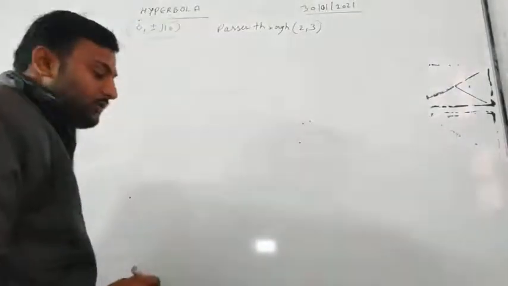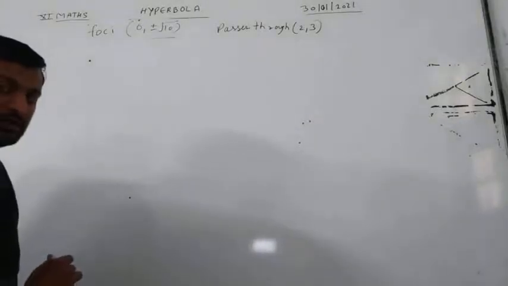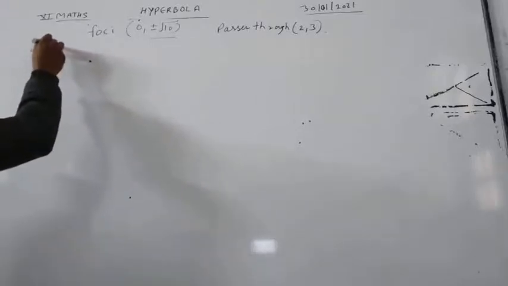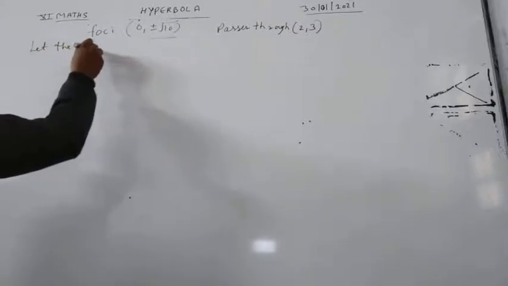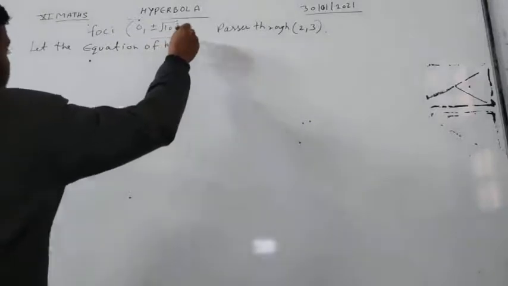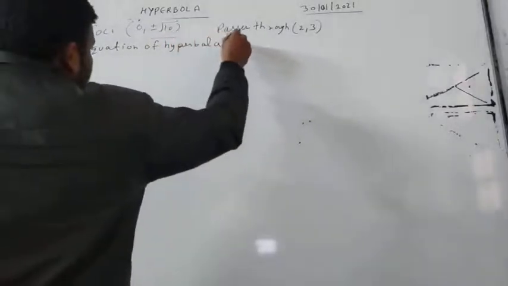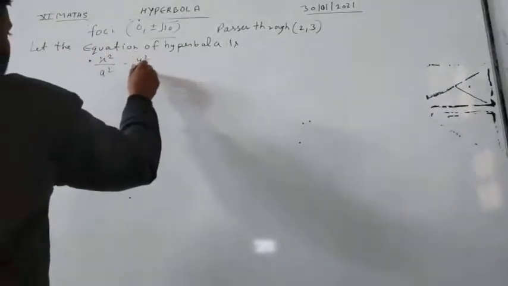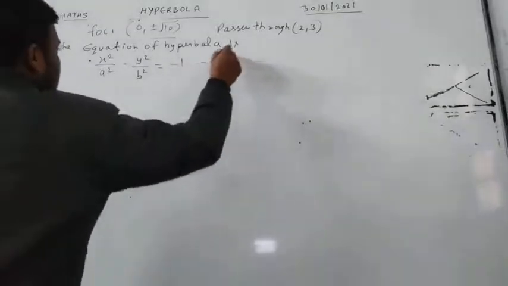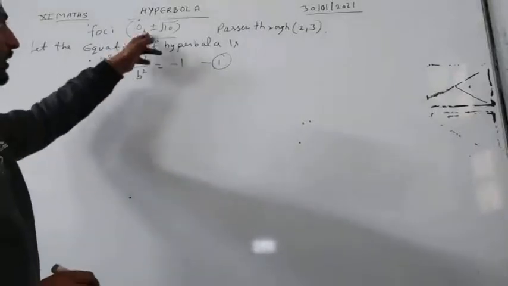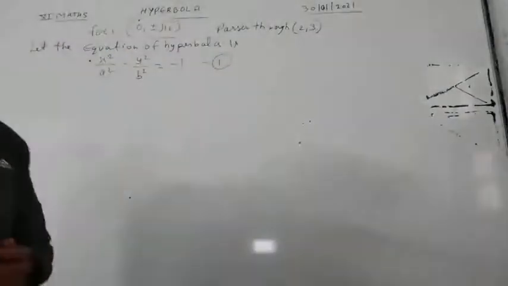So our equation of hyperbola will be x square by a square minus y square by b square is equal to minus 1, students. So we let the equation of hyperbola be x square by a square minus y square by b square is equal to minus 1. We are taking this equation because our foci is given as (0, plus minus be).